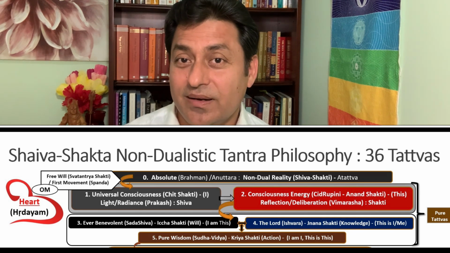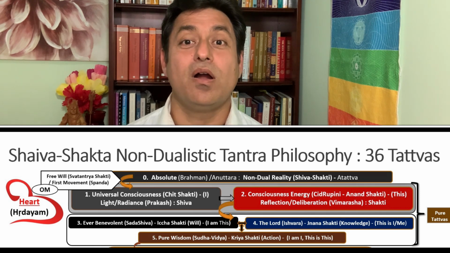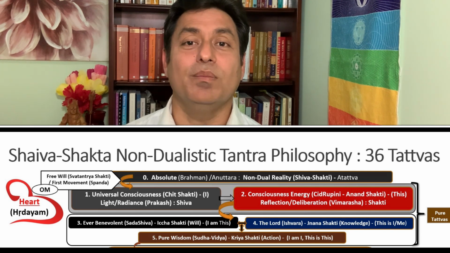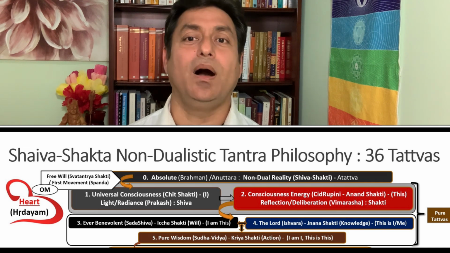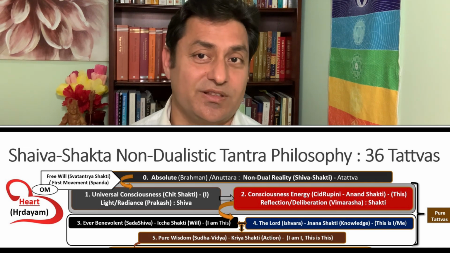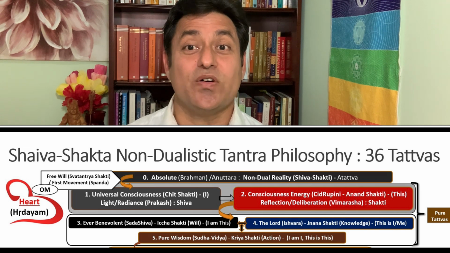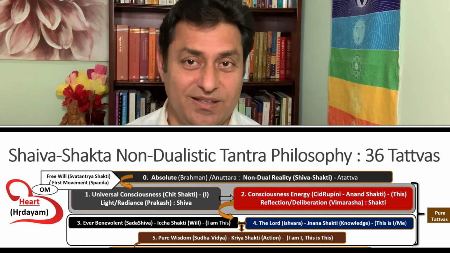This mirror is the second element called Shakti, or power of the supreme, referred to as Idam, or this, or the object, Swarupa or Chiddarupini Shakti. So everything that is reflected, seen or experienced due to that light is the Shakti.